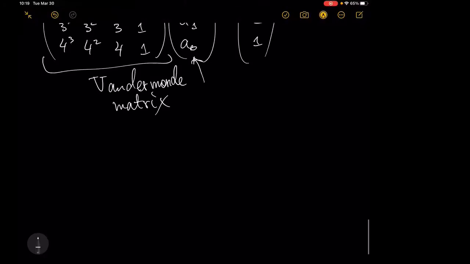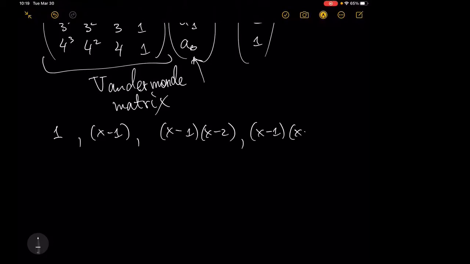Or you can consider different bases: 1, x minus 1, x minus 1 times x minus 2, x minus 1 times x minus 2 times x minus 3. You can show that this is also a basis, so that they are linearly independent.